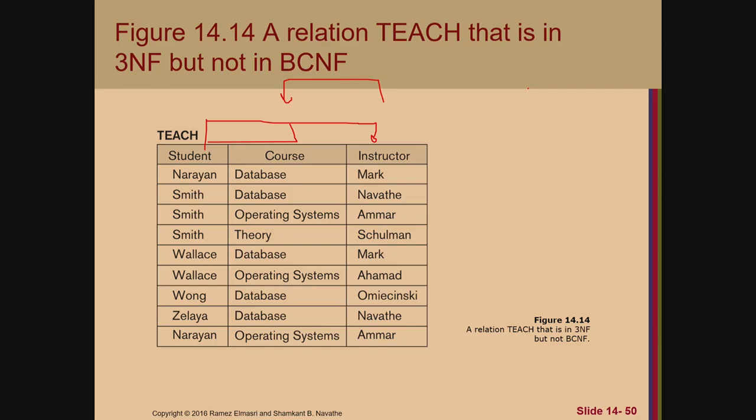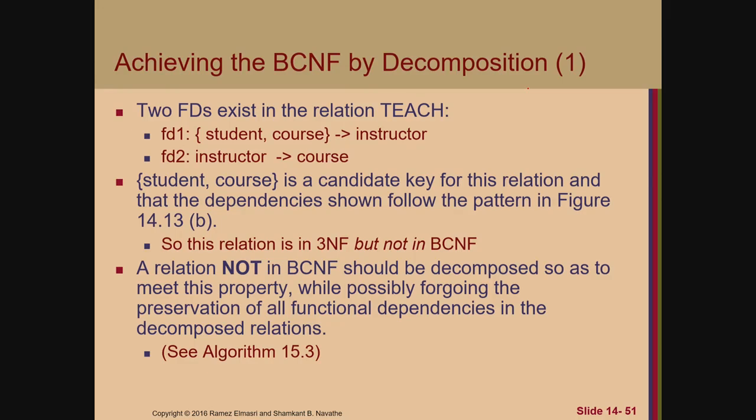If we find this kind of relation, it is already third normal form, but not Boyce-Codd normal form. So student and course is the candidate key for the relation, and that dependency should show in the pattern in figure 13b.